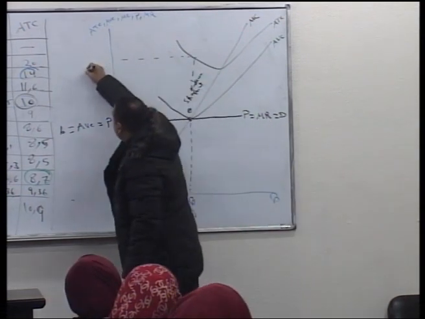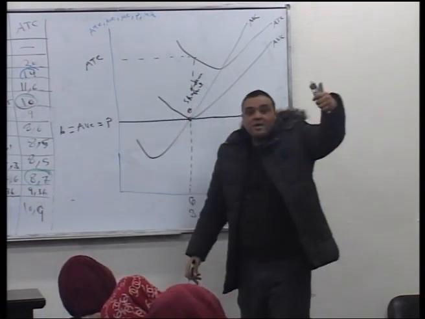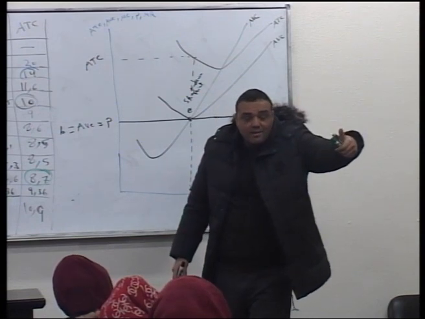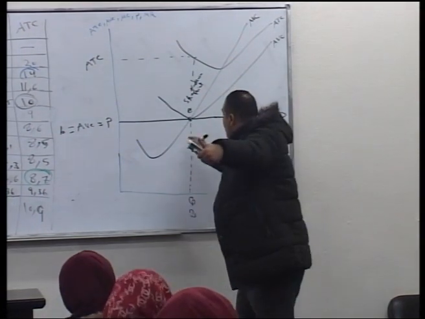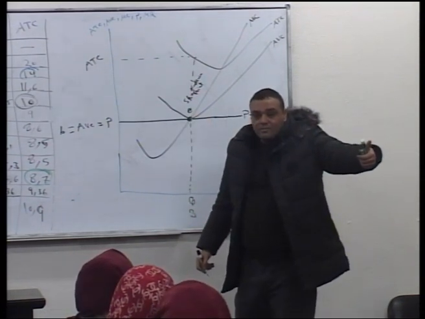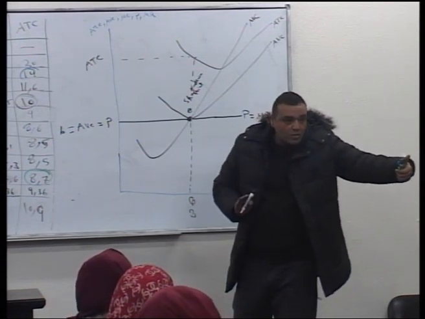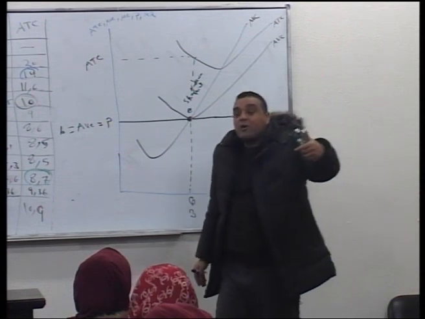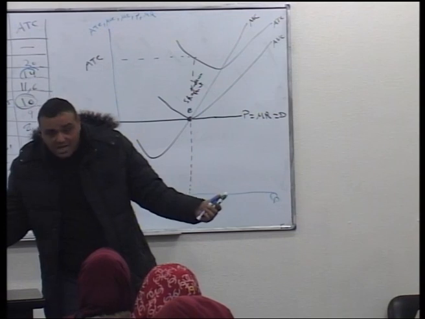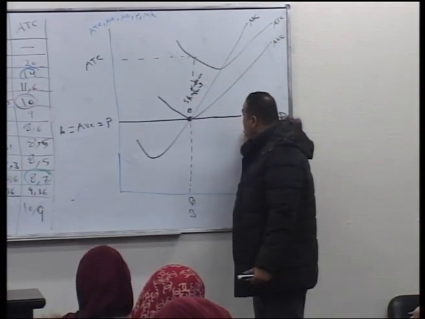ATC is bigger than the price. Here we have an economic loss, and working equals closing down. How much is the normal profit? Zero.